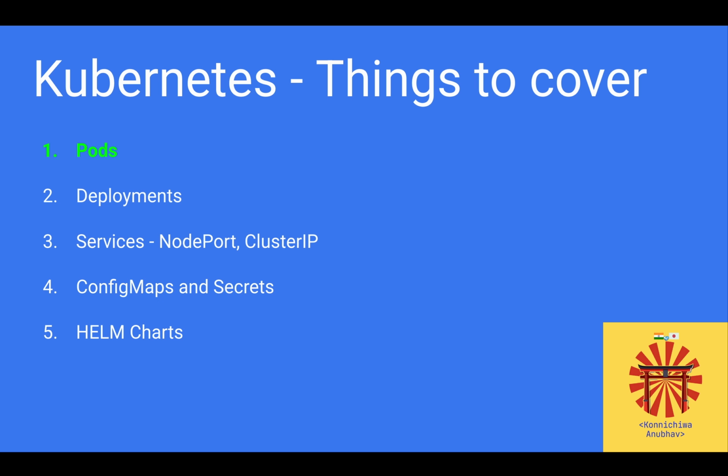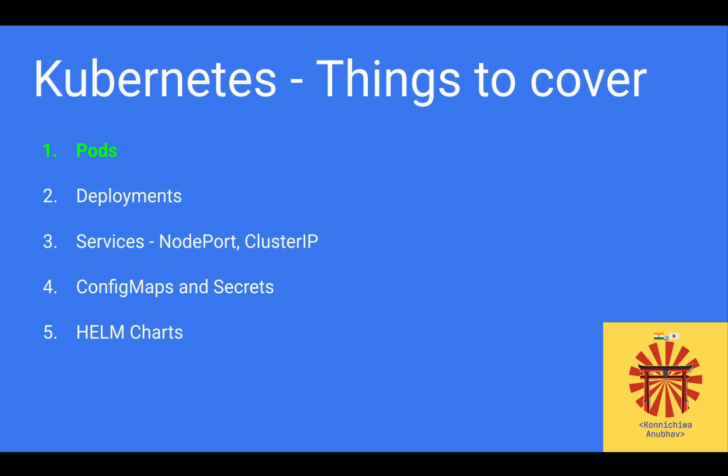If you look at it, there are many different things to cover in Kubernetes, or K8s as we abbreviate it, starting from pods, deployments, services, config maps and secrets, persistent volumes, stateful sets, Helm charts, etc. So it's a very vast subject. But in this video, we would be looking at something called pods, which is the smallest unit that you could find in Kubernetes.